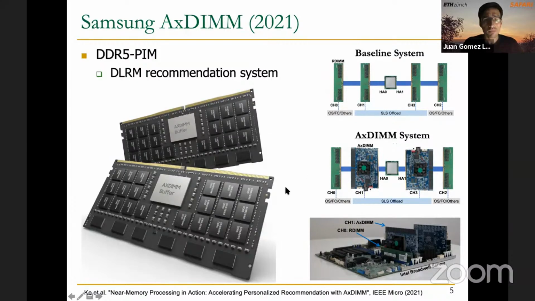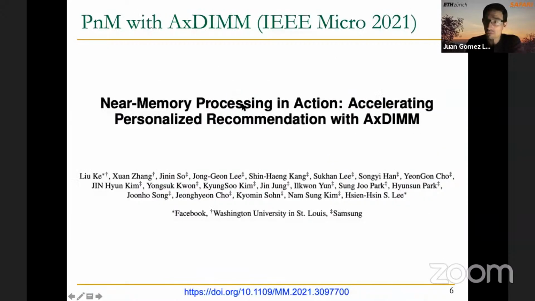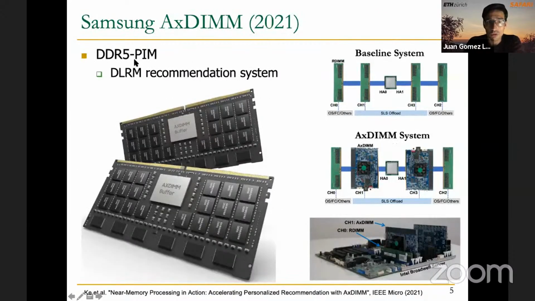Today, we are going to talk about the other proposal that we learned recently from Samsung. This is called the AXDIMM system, and as you can see, AXDIMM is a DIMM-based solution. In this commercial picture that we see here, we can identify DDR5 chips, so that's why we assume that the commercial product will be DDR5 PIM, but the prototype that we are going to study today is based on DDR4.